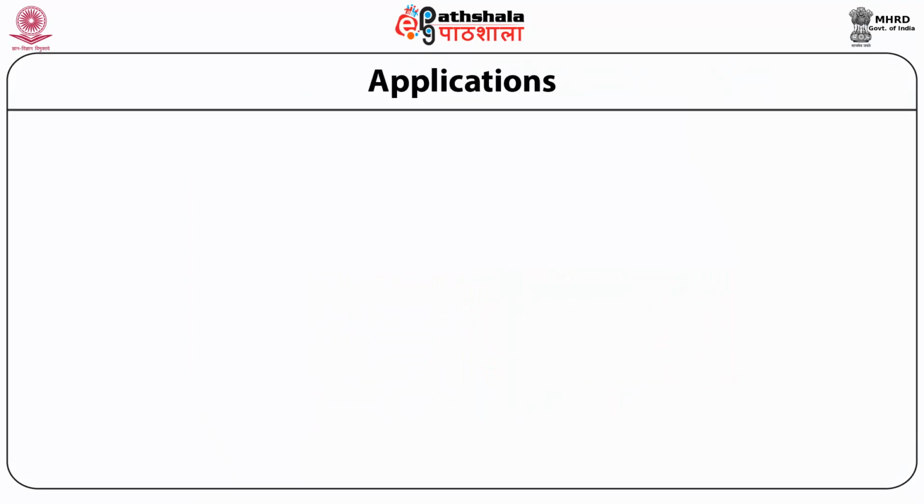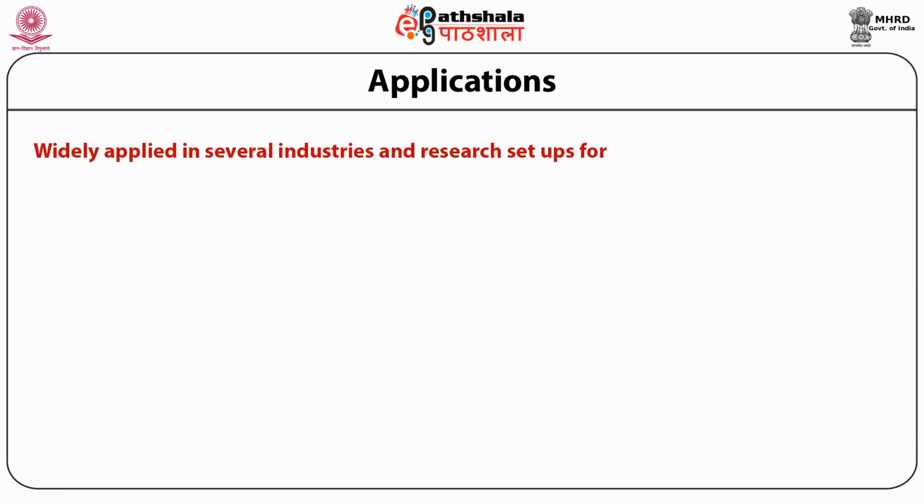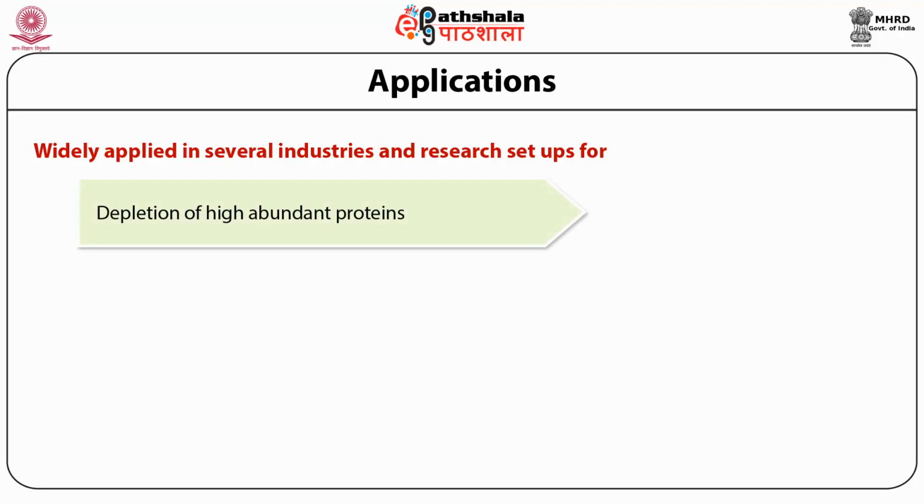Immobilized affinity ligands to target biomolecules are widely used in several industries and research setups. A common application of affinity-based chromatography is in depletion of high abundant proteins. Suppose I take an example of researchers who are doing proteomics of serum, and they want to work on low abundant proteins.